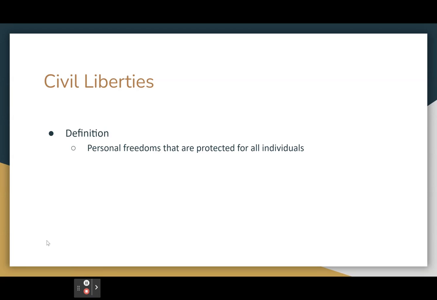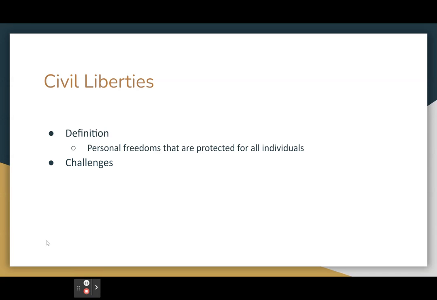So, civil rights is a completely separate category. When it comes to civil rights, the government is dealing with something entirely different, because civil rights is what the government has to do to protect individuals under the law, right?